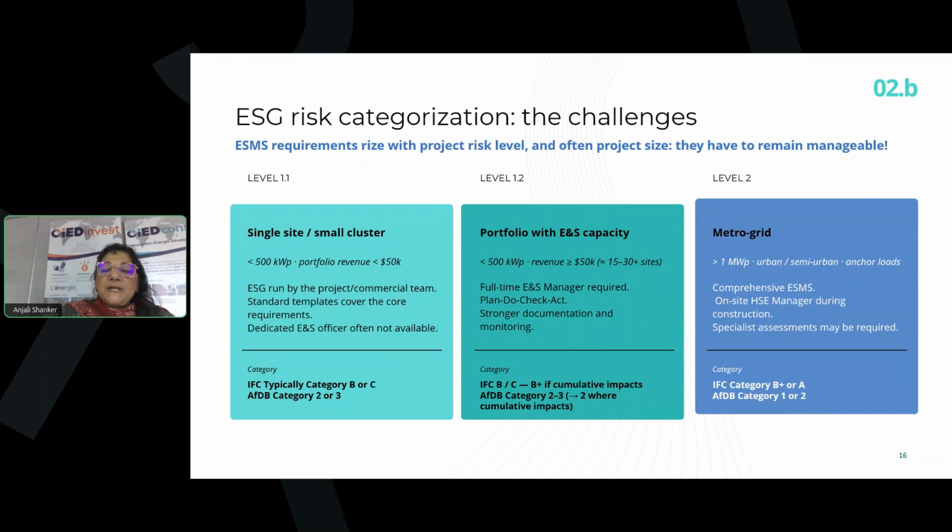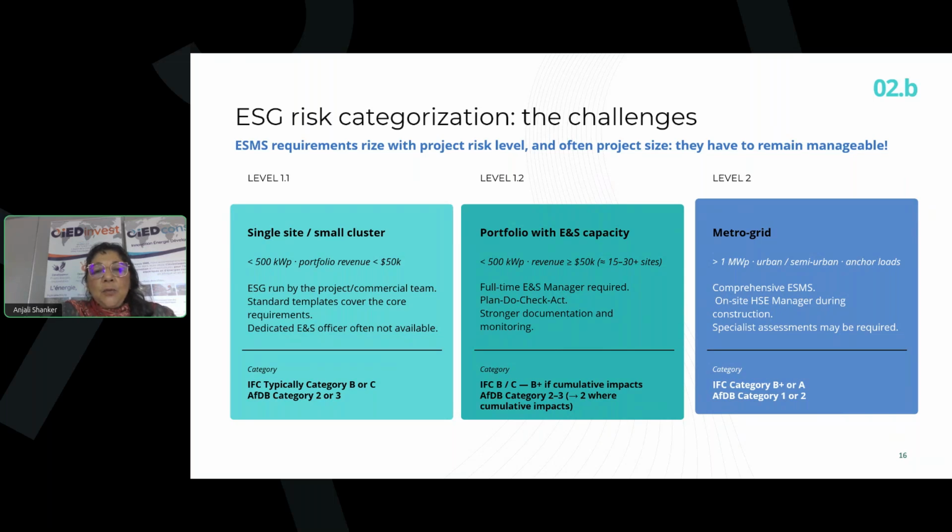What we have tried to do over here is to make ESMS requirements proportionate with project risk level and project size. So we have to be manageable. As we said in the introduction, we have subdivided our approach into 3 levels.